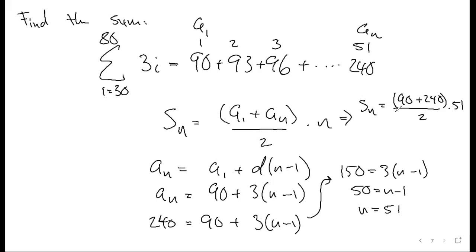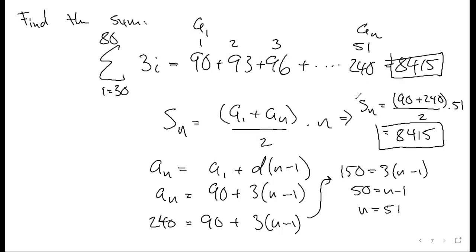Is that right? Is that what everybody else got when they plugged this in? Good. So that's the answer. If you take all of these numbers and you add them up, you'll get 8,415. Yeah, that makes sense. I'm okay with that.